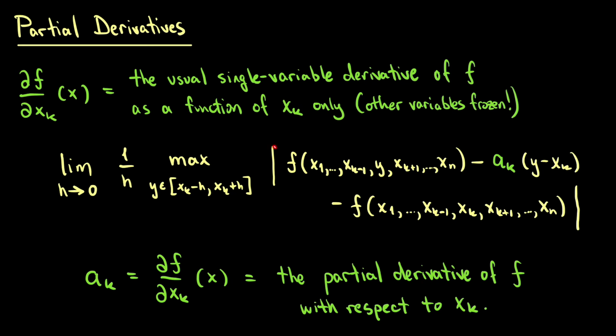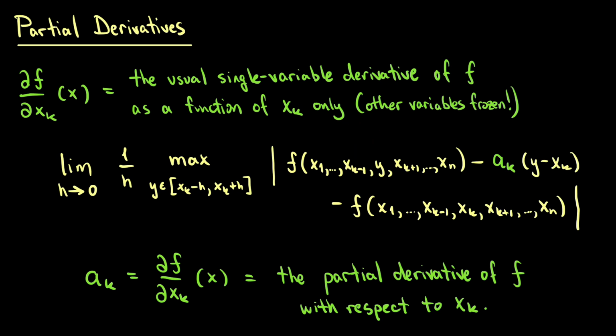you take f of the coordinates of x, the point whose derivative you're trying to define, and you go x1 through x_{k-1}, and then you plug in y for the kth variable, and then you continue with the other variables. Okay, so you're thinking of this as kind of f tilde of y, if you want. The other variables are frozen.